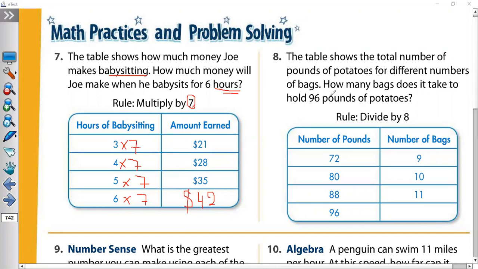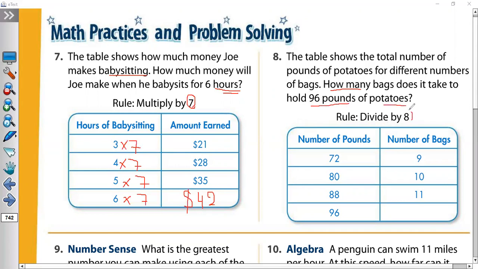Number 8. The table shows the total number of pounds of potatoes for different numbers of bags. How many bags does it take to hold 96 pounds of potatoes?